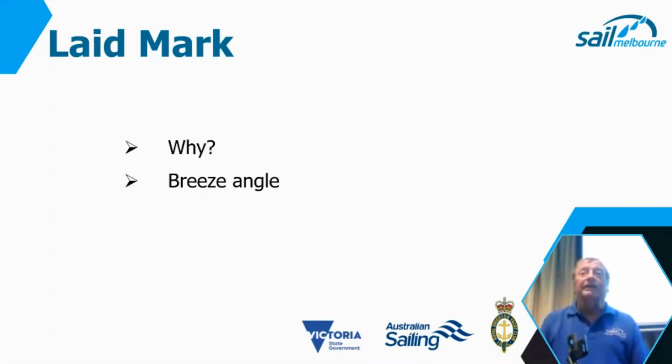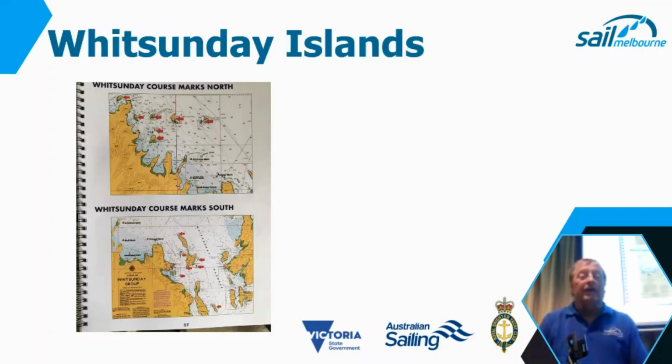The other thing that we need to consider is this, a bit of the Whitsunday Islands. Up there, you're starting in Pioneer Bay. As I said, the breeze expected would be around 160 degrees, maybe 140, but generally that would be the southeasterly trade breeze that you're starting a race in.